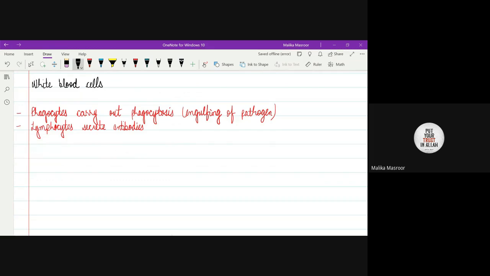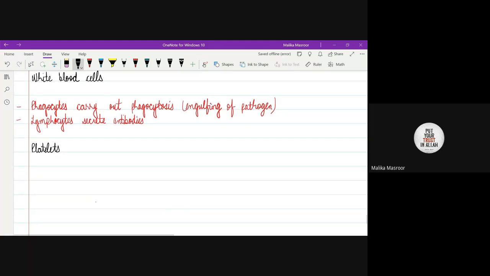Last is your platelets. Platelets are not exactly cells; they are small fragments of large cells that help in blood clotting.